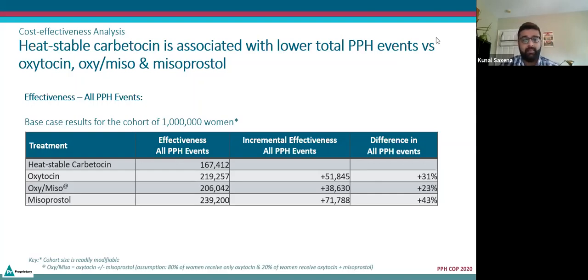As you could see, the additional all PPH events associated with oxytocin, oxymeso, and misoprostol amounted to around 38,630 to 71,788 all PPH events higher than heat-stable carbetocin. So essentially, heat-stable carbetocin was associated with lower total PPH events compared to oxytocin, oxymeso, and misoprostol.